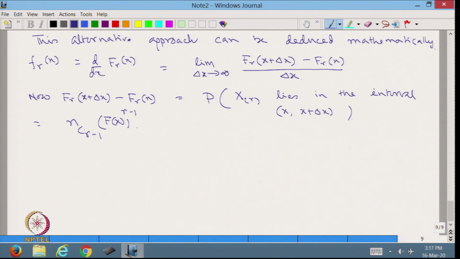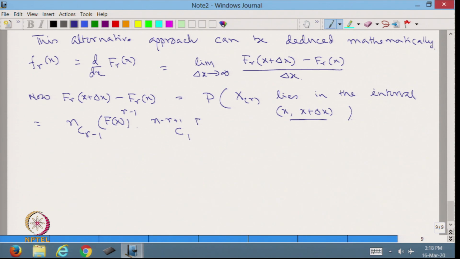So, out of n, r minus 1 are chosen, they are below x, therefore F(x) to the power r minus 1. From the remaining n minus r plus 1, we choose 1 and that goes between x to x plus delta x.